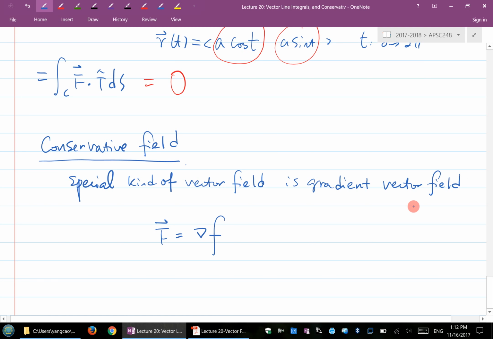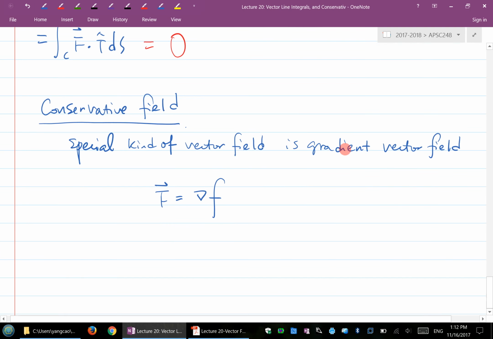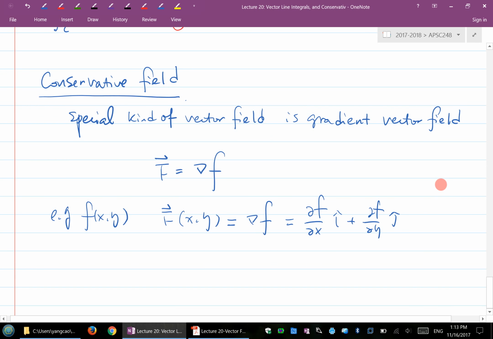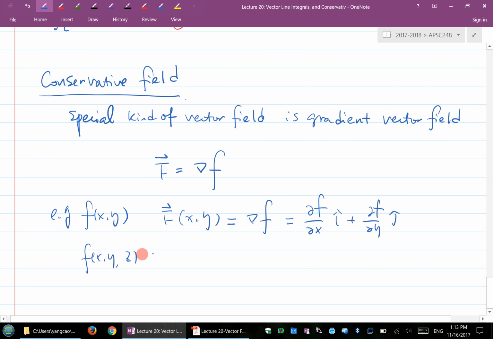For example, if your function f is a function of 2 variables, then your gradient field is a 2D field: partial f partial x, partial f partial y. If you're given a 3D function, then you would end up with a 3D field.